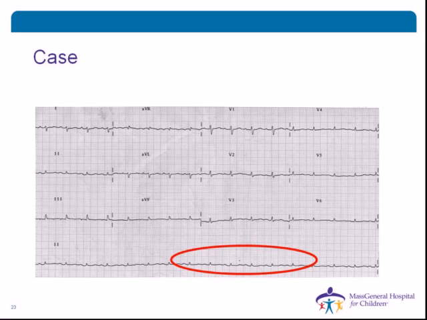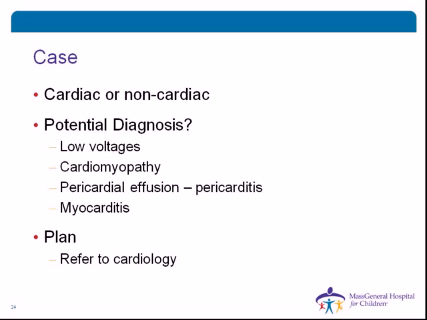Looking at the electrocardiogram, again, we appreciate that the voltages are fairly low in this patient. She has a friction rub, fever, chest pain that's worse while being supine, and a viral type presentation. Potential diagnoses of this include a cardiomyopathy, pericardial effusion, and subsequent secondary to pericarditis, including myocarditis.